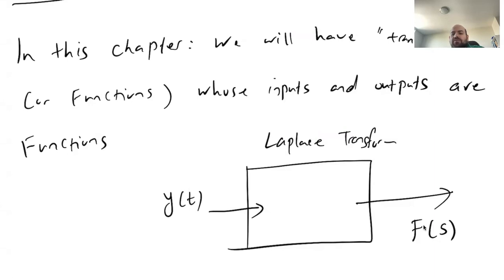So we can go from output F of s to the original input y of t once we apply the inverse of this transform. Of course, we have to show that this transform is invertible, which would happen, as you know, if it's one-to-one. We will show that, and once we show that, we can conclude that it has an inverse, and then apply the inverse to get the original function back.